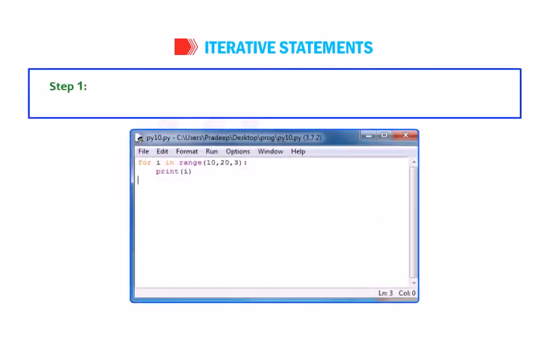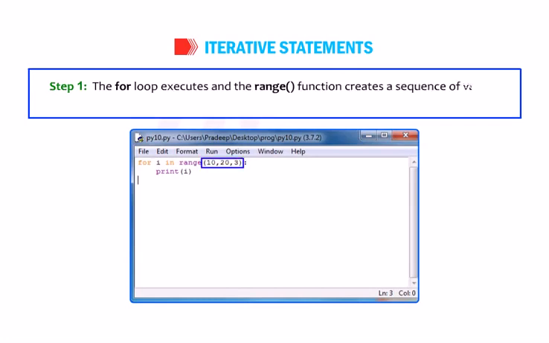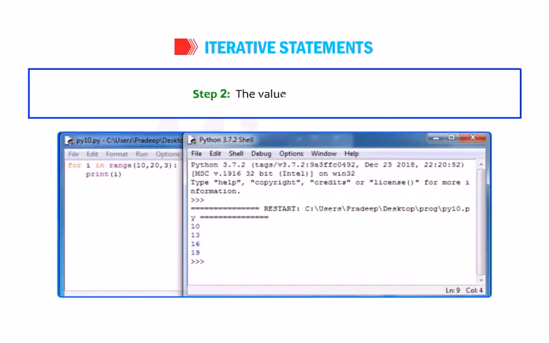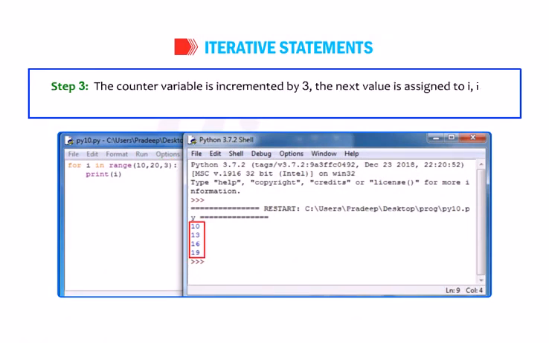Step 1. The for loop executes, the range function creates a sequence of values between 10 to 19. The initial value, that is 10, is assigned to the variable I. Step 2. The value 10 is printed. Step 3. The counter variable is incremented by 3. The next value assigned to I, that is 13, is printed.